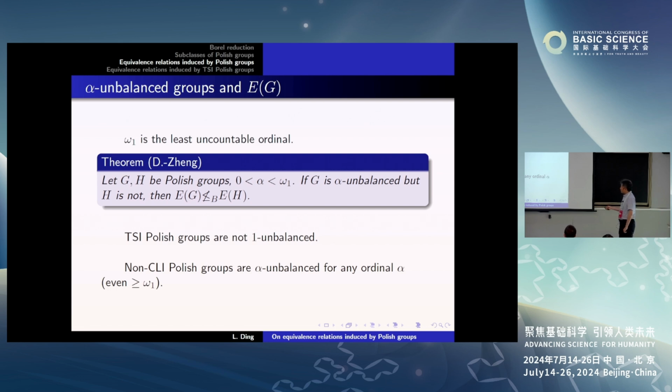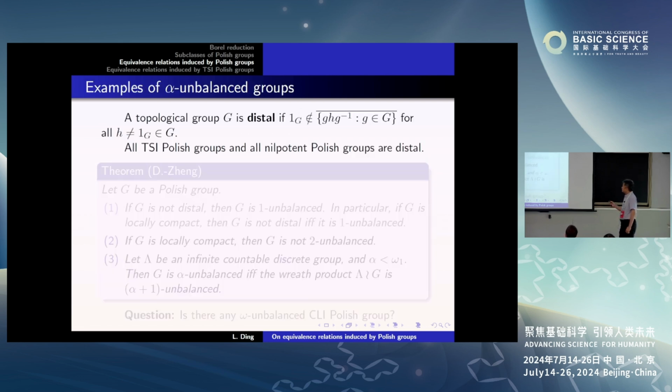So, can we find more examples? Now, a topological group G is distal. The definition is here. If for any non-identity element h, the conjugations of h cannot converge to the identity element.